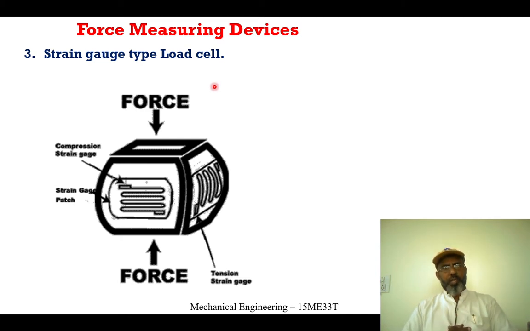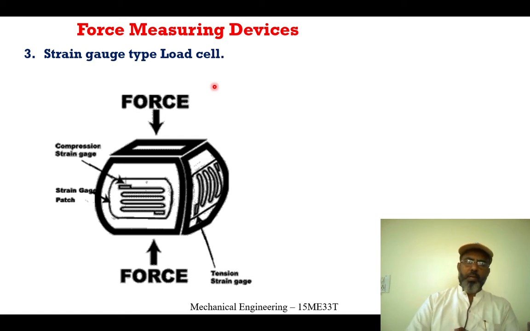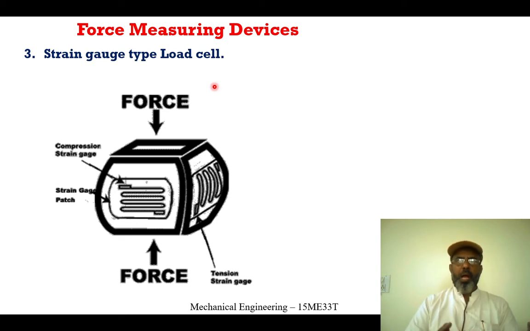Out of these 3 different devices, whichever you take, in force measuring devices, we are going to convert the applied load into displacement, or through some distance it will get deformed. When you are going to apply a load on the elastic member, it deforms.